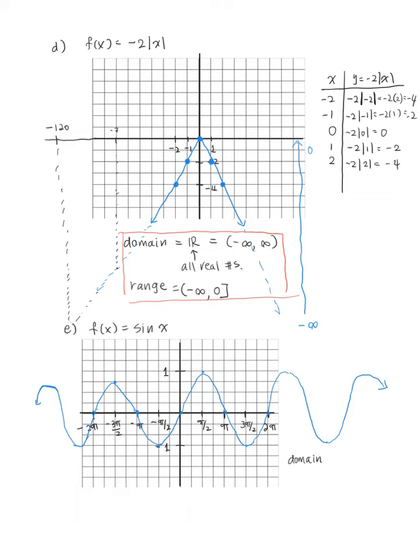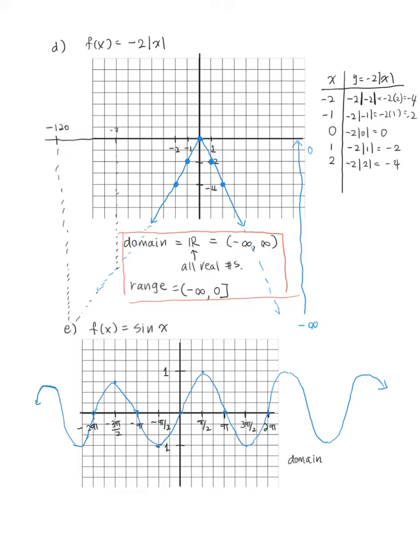Again, domain is the set of all x values where the function is defined. So let's look at this graph from left to right, because when you find the domain of a function, you want to look at it from left to right. Where's the starting x value? Since this graph keeps oscillating in the same pattern, the starting point is negative infinity.